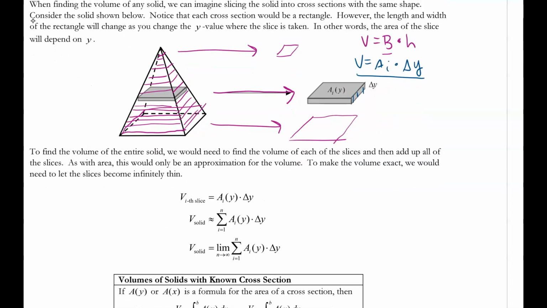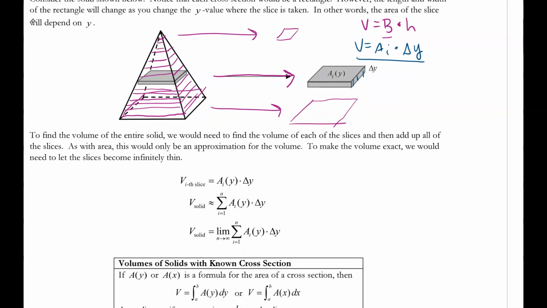So if we want to generalize this and be able to find the volume of solids, we're going to do something very similar to what we did with area. We want to first consider that the volume of the ith slice, that's just what I wrote up there, gives us the slice volume.